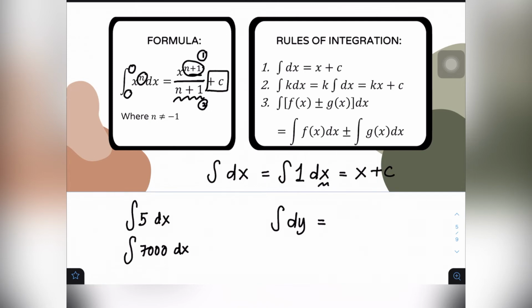Now you need to do an integration with respect to y. So what will you get? y plus c. If you have to integrate dz, you cannot see any constant in front, so you know that you are integrating 1 with respect to z. Because you are integrating 1 with respect to z, your answer will be z plus c.